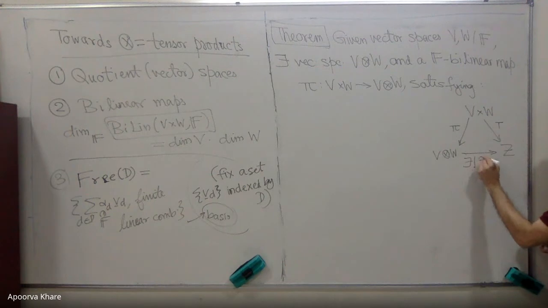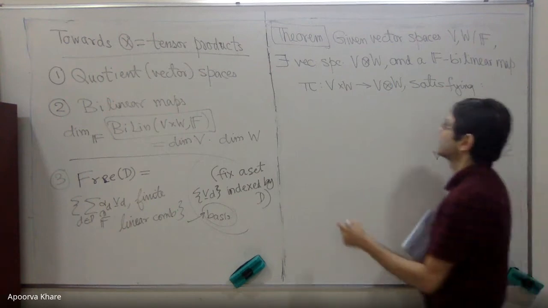And I'll call this T tilde. There exists a unique map, and this map is not bilinear, this map is linear.